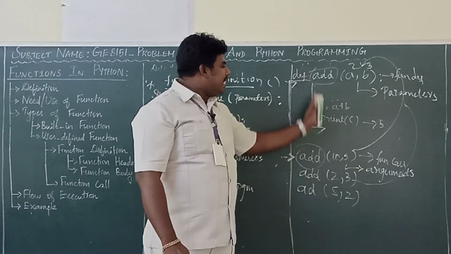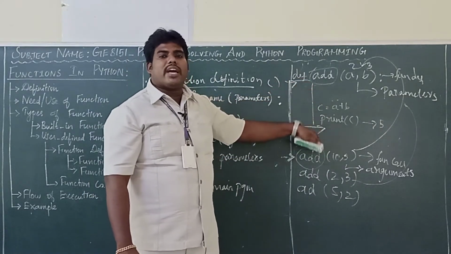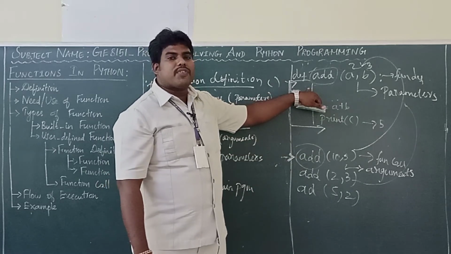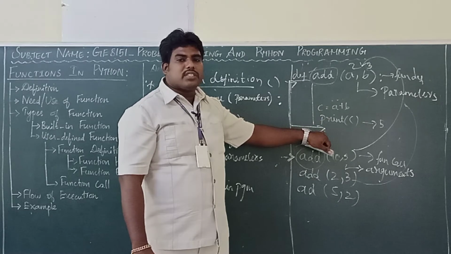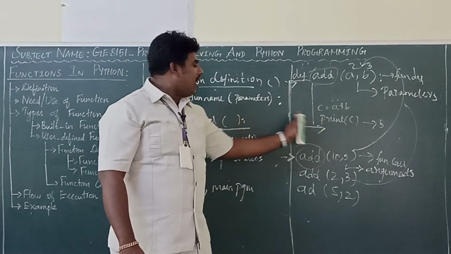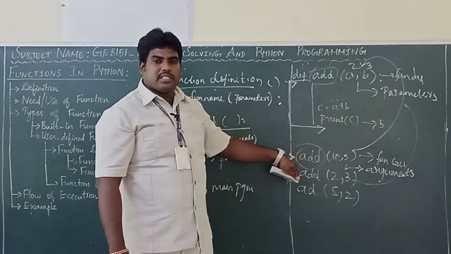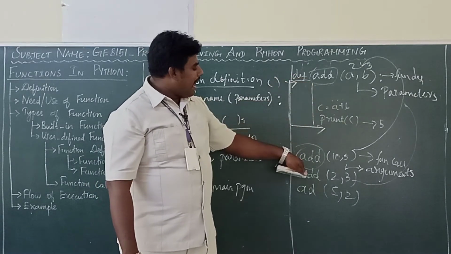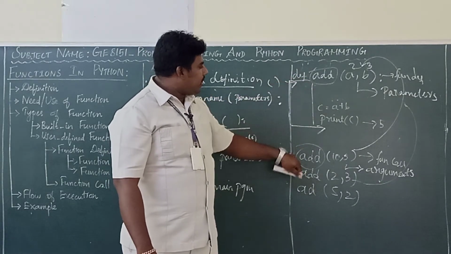With the help of the indentation, we can find where it starts and where it ends. Your starting position of the function definition is def and the ending position is where the indentation changes. See this line, the indentation changed. In this line, the add function call comes at the same level as def.